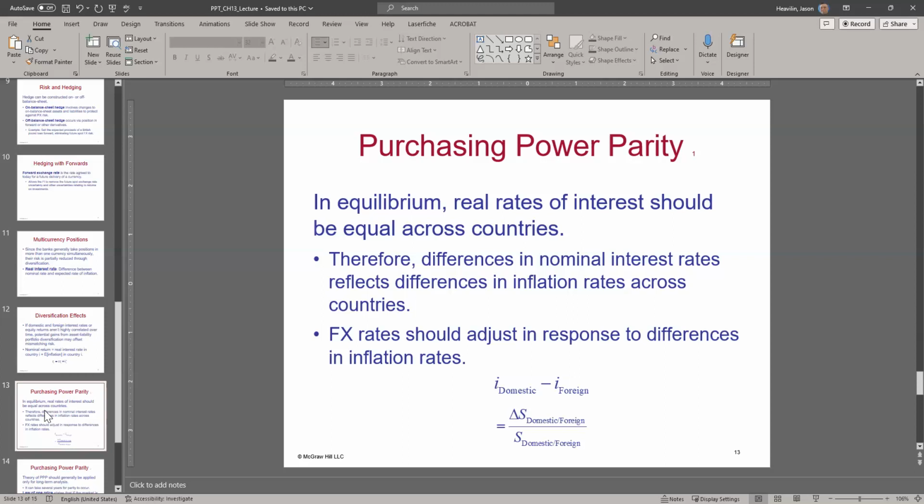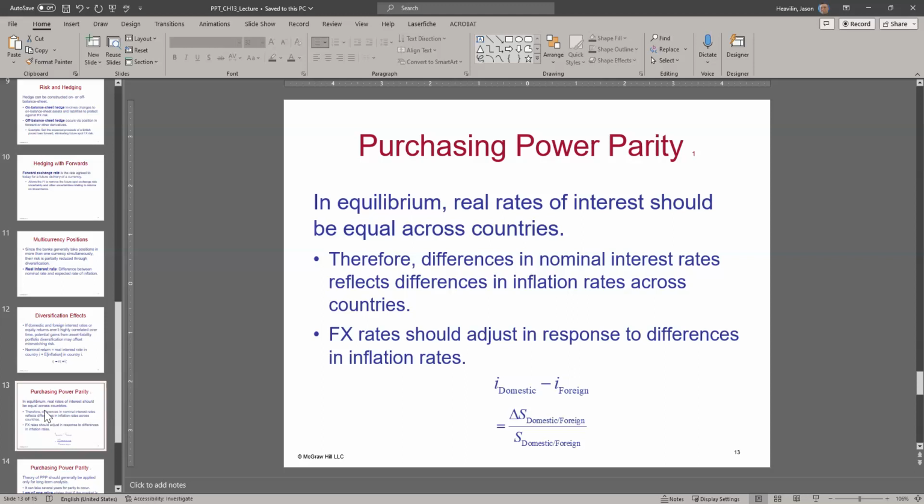Foreign exchange rates should adjust in response to differences in inflation rates. Here's the sentence that starts talking about what I mentioned earlier. As interest rates change, and they become either greater differences or smaller differences between countries, that's going to have a direct impact on the foreign exchange rate to balance out the pricing, the purchasing power parity, which is what we're talking about here.